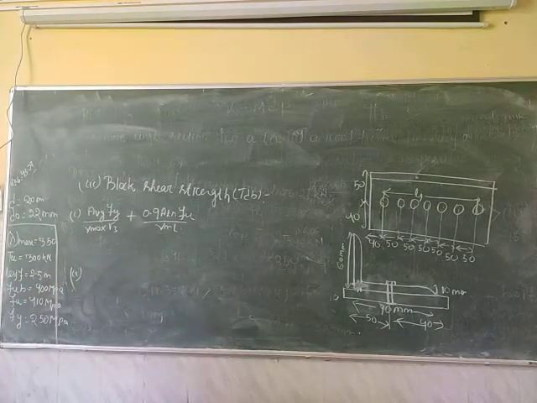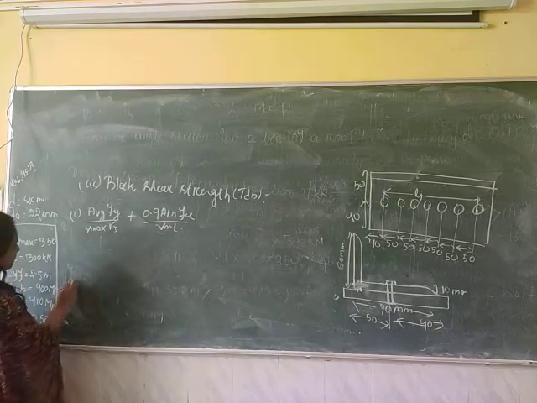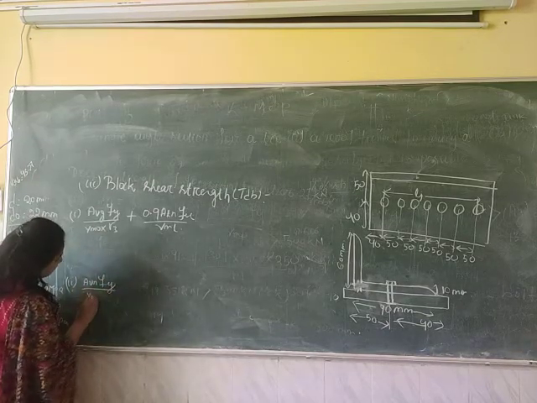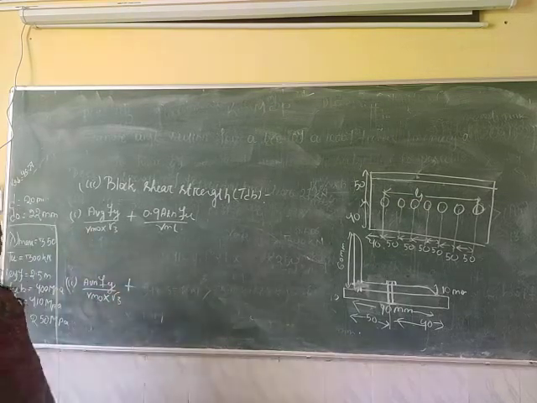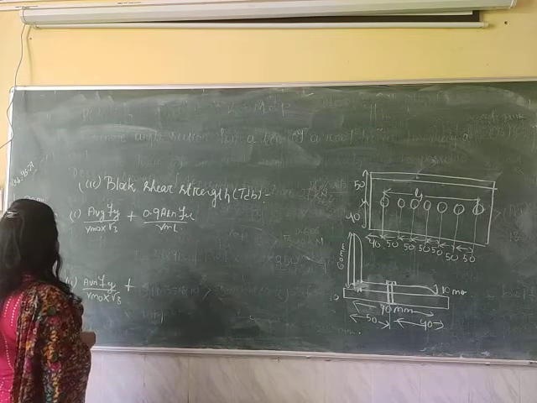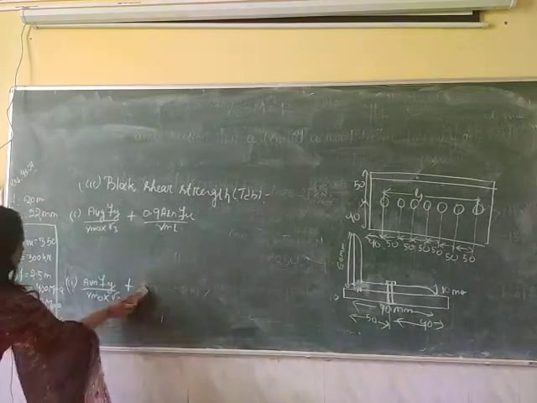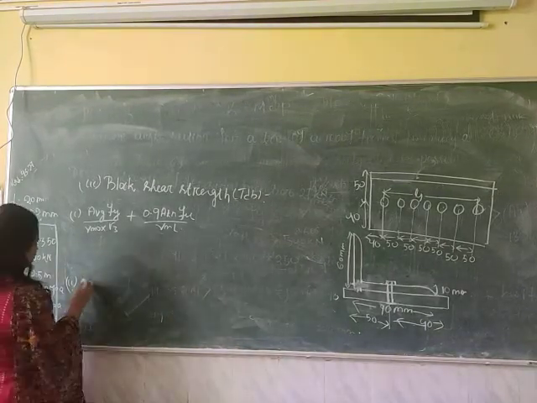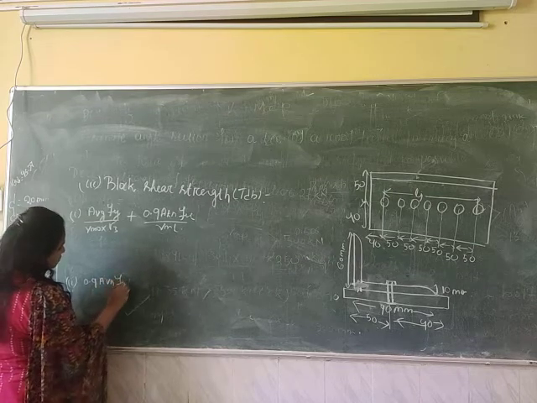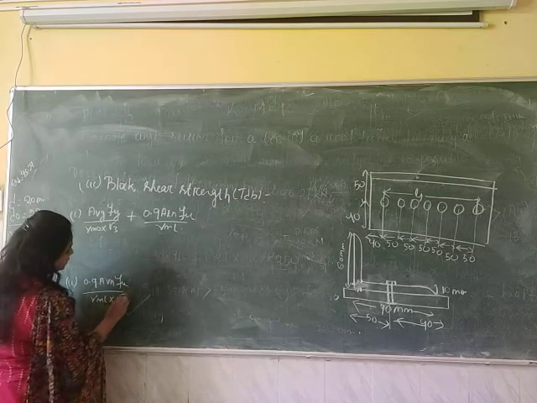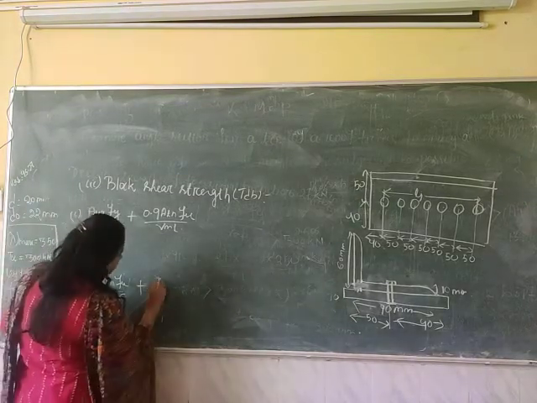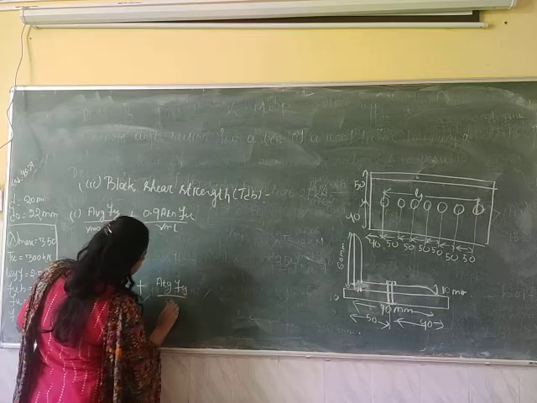And the second combination is rupture of the shear plane, that is Avn into Fu divided by gamma m1 into root 3, plus yielding of the tensile plane, that is Atg into Fy divided by gamma m0.